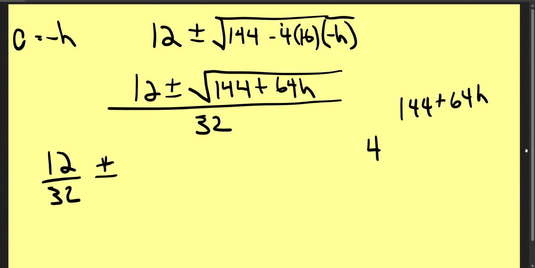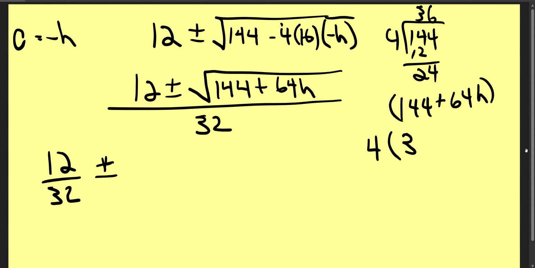If I take out a 4, then 4 into 144, what is that? 4 times 36, that's 144. So for these two terms I'm going to have 36 plus, and 4 goes into 64, 16 times, so 16h.